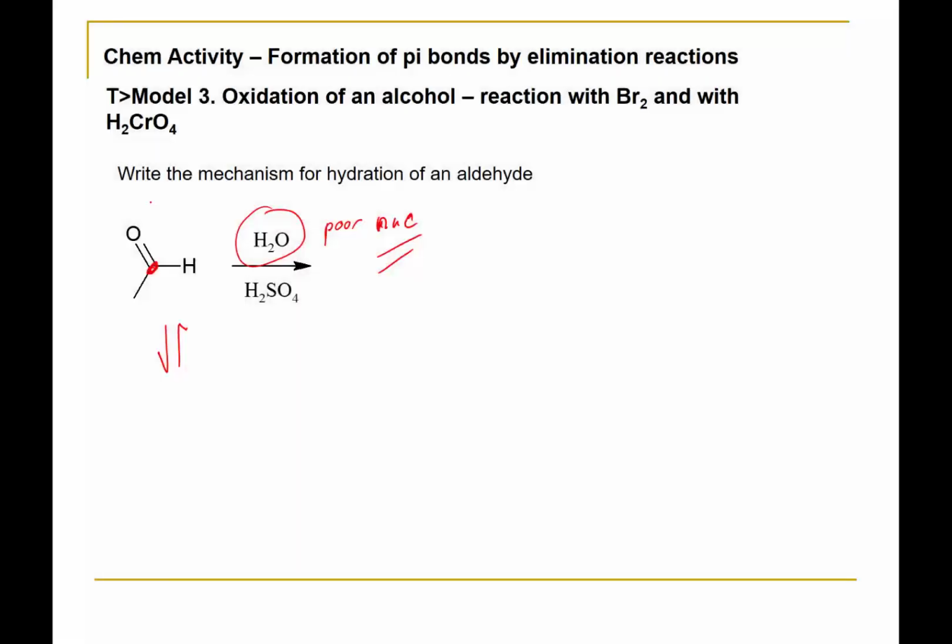Now the oxygen of the aldehyde is not particularly basic, and so the equilibrium is actually going to lie in favor of the aldehyde. But all we need is a small portion of the hydrates to form, and then their subsequent reaction, so that the equilibrium in a sense will be driven forward as more and more product forms. So given that we have some aqueous acid, we might imagine that we can use a hydronium ion as the source of a proton.